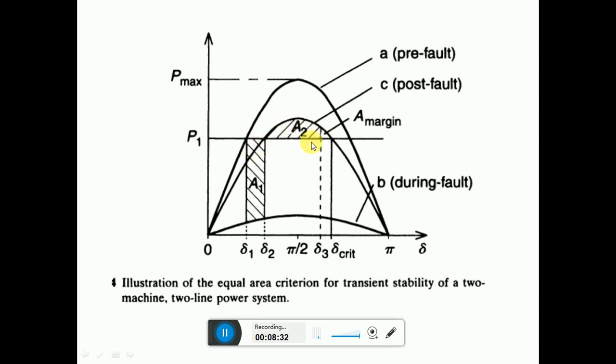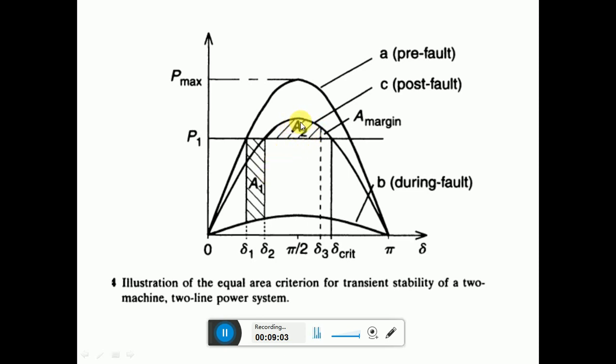Now what actually happens, suppose our A1 is very much higher than this A2. At that time, if the accelerating area or accelerating energy is much higher, that energy will accelerate the machine until this becomes equal to this A2.